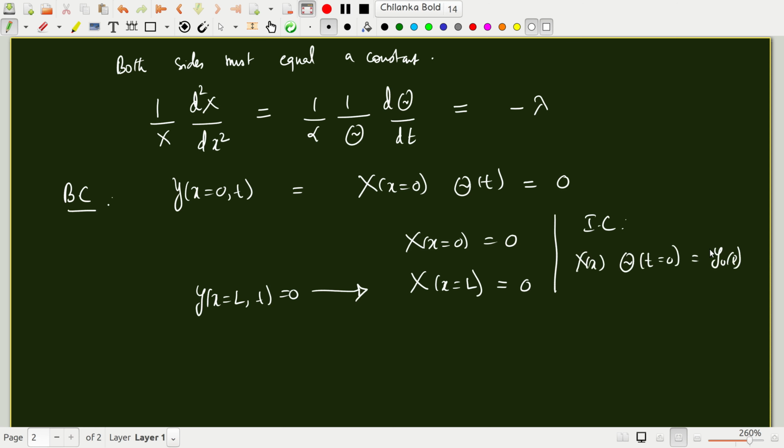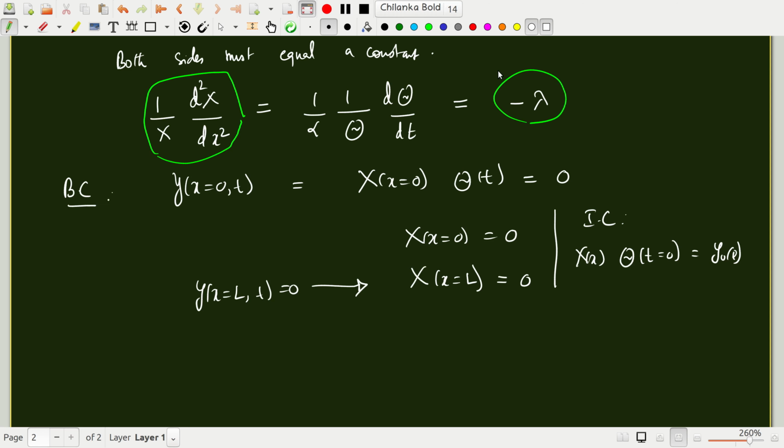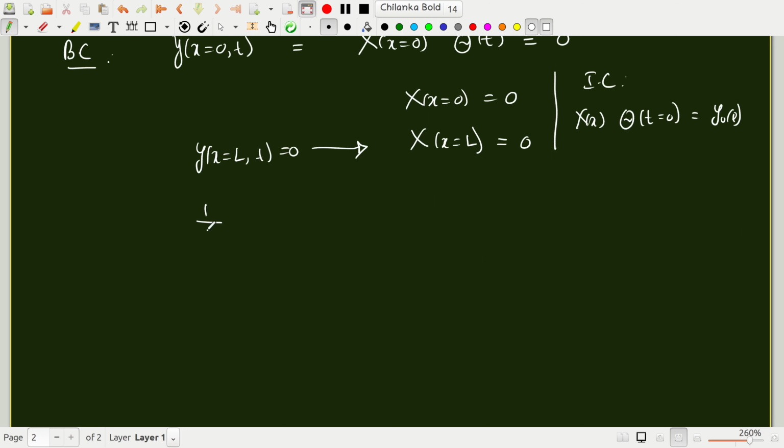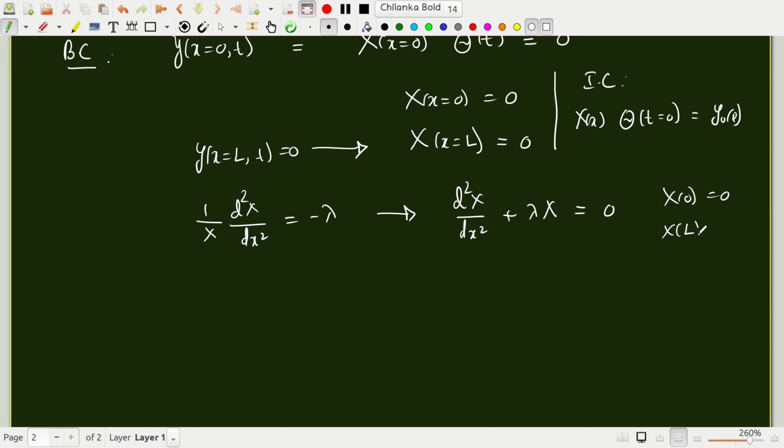Okay, now let's look at this equation. This must be equal to minus lambda. Okay, if we use that, we get d squared capital X by d small x squared plus lambda capital X is 0, subject to X of 0 is 0, X of L is 0.